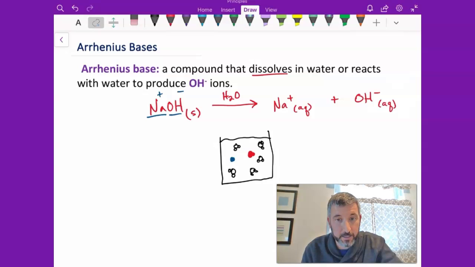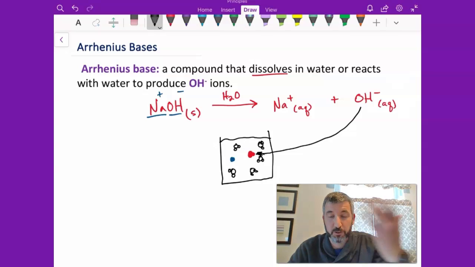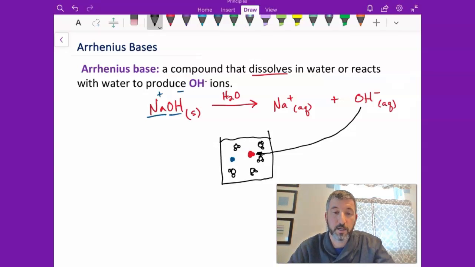So we've created aqueous sodium hydroxide, and it's the presence of that negative OH minus, this guy right here, that makes this a basic solution. It gives it a basic pH. It's what makes it effective as a drain cleaner in the case of sodium hydroxide, which is what they use in Drano.